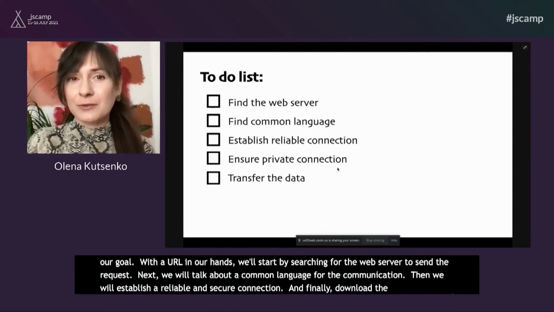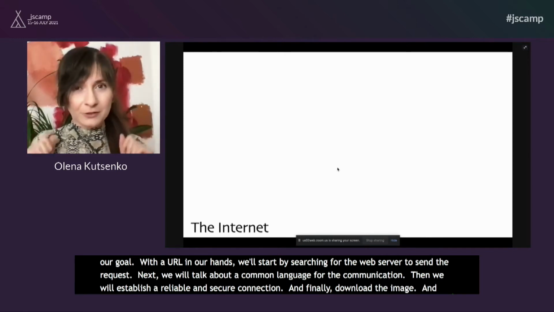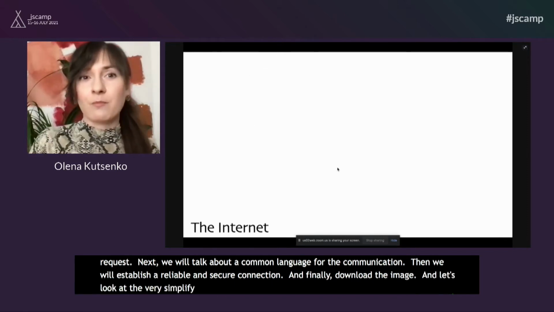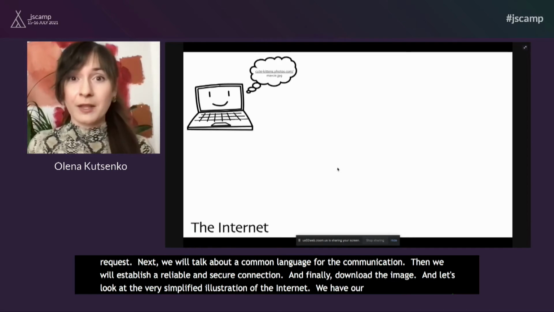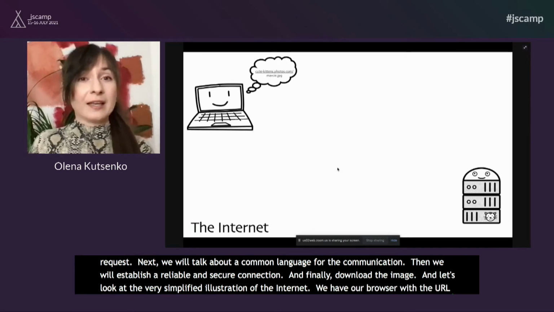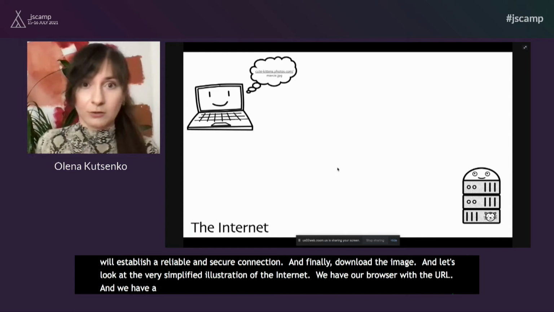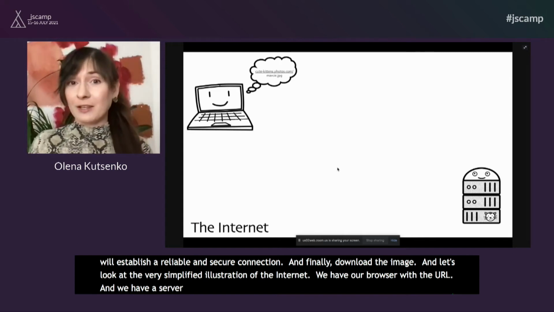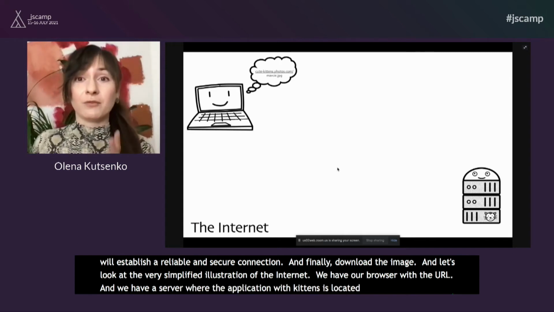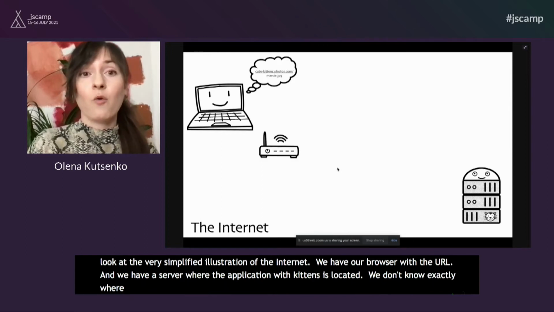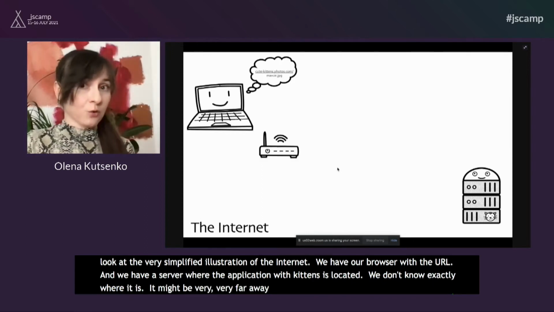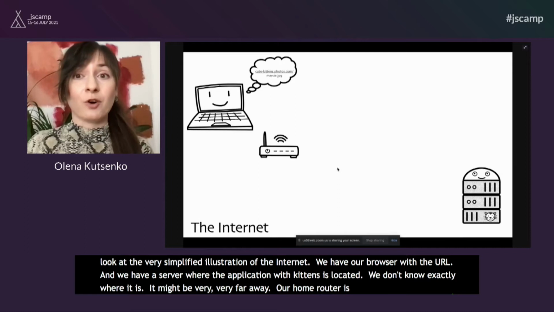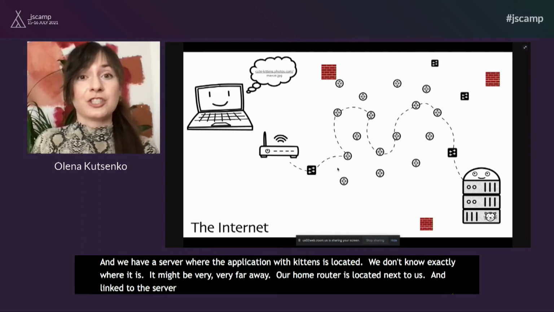And let's look at a very simplified illustration of the internet. We have our browser with the URL, and we have a server where the application with kittens is located. We don't know exactly where it is. It might be very, very far away. Our home router is located next to us and linked to the server by tons of routers, switches, cables.